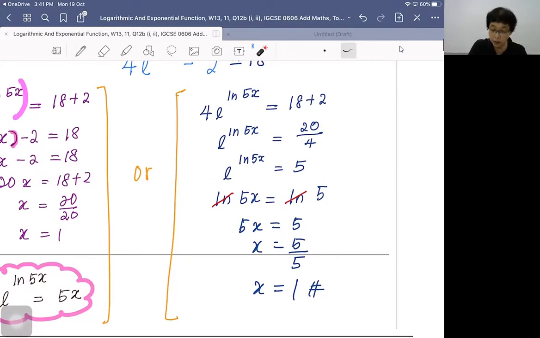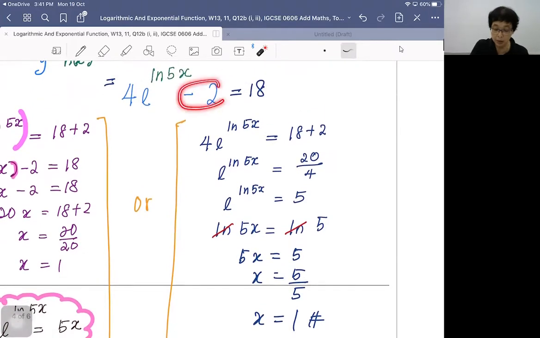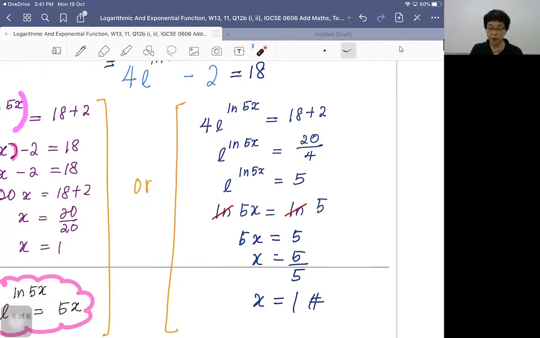You take from here, then deal with the minus 2 by adding 2 to both sides, so you get 18 plus 2. Then on the left hand side, the next thing you do is divide both sides by 4, and you are left with e to the power ln 5x equals 5.